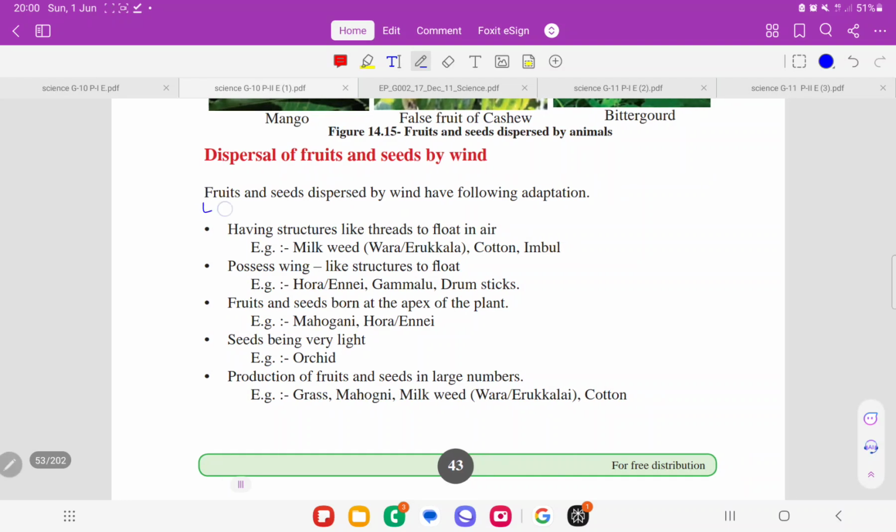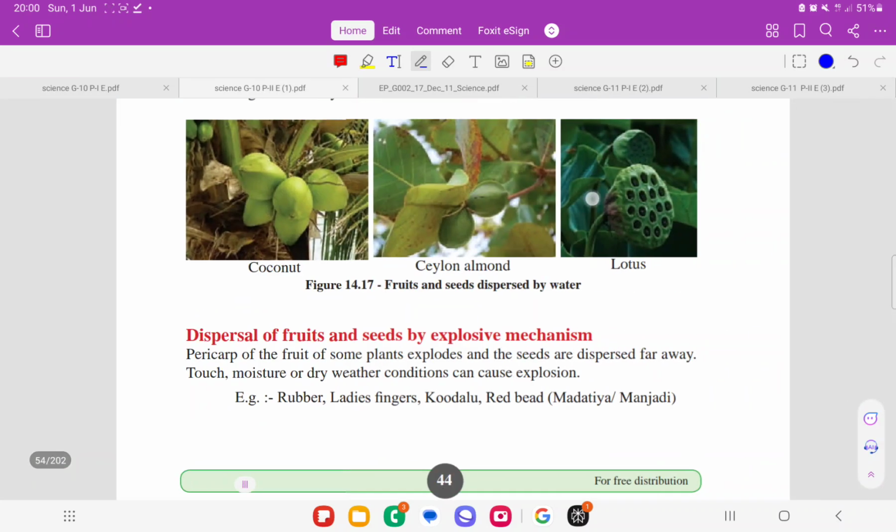So the fruits and seeds dispersed by wind have the following adaptations: 1. Having structures like threads to float in air. Examples: milkweed, which means vara, common name, and also cotton, imbul. 2. Possess wings.